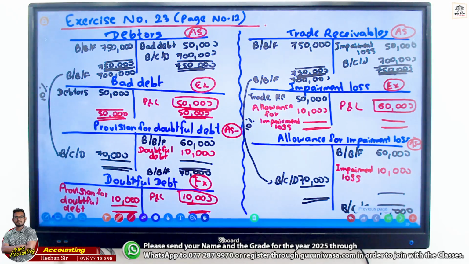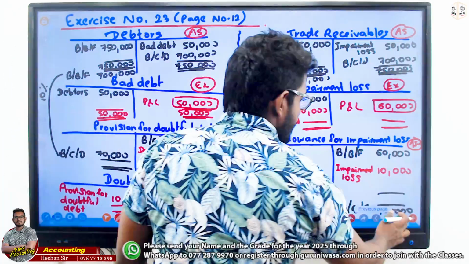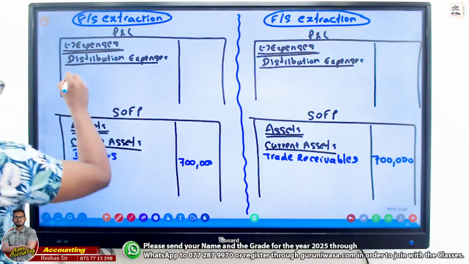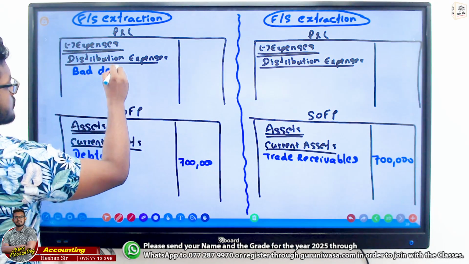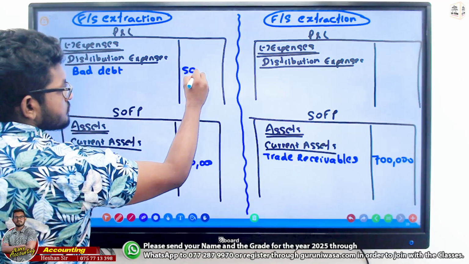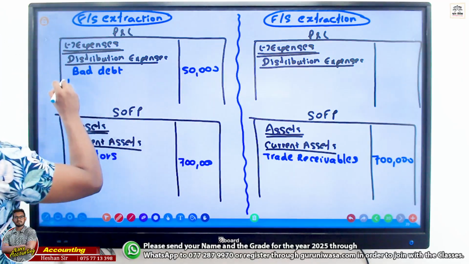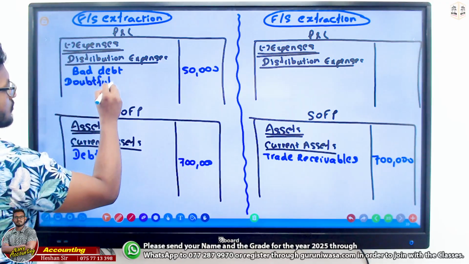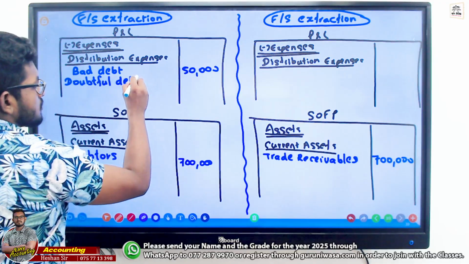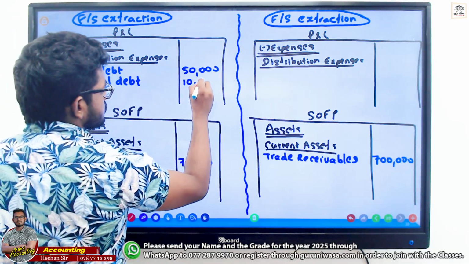Then bad debt 50,000 goes to the distribution. Bad debt 50,000 and doubtful debt 10,000.